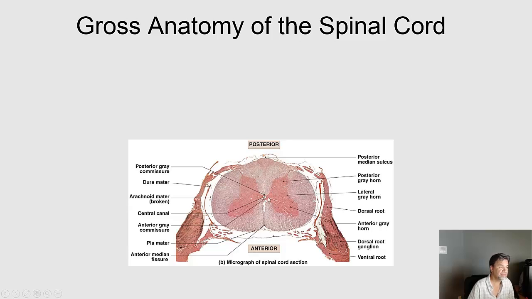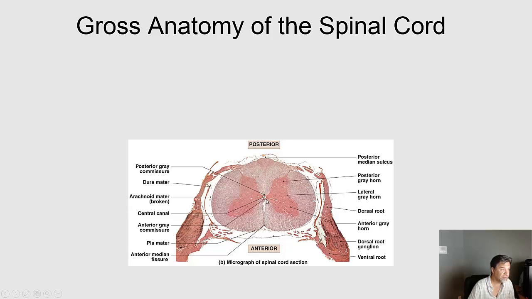The gray matter is divided up into the posterior gray horn, a little piece right here called the lateral gray horn, and then the anterior gray horn up here. We have the anterior median fissure, quite a large division here between the two halves of the spinal cord, and then a thinner division called the posterior median sulcus.